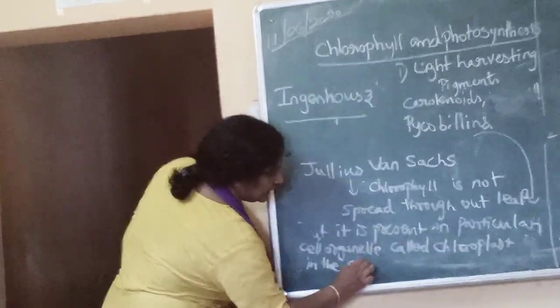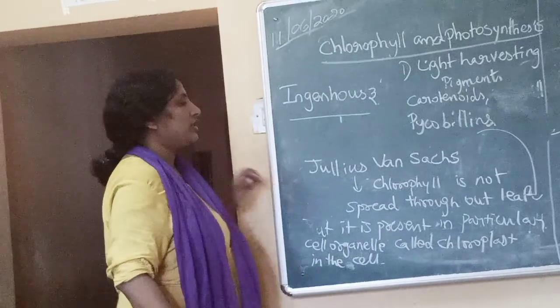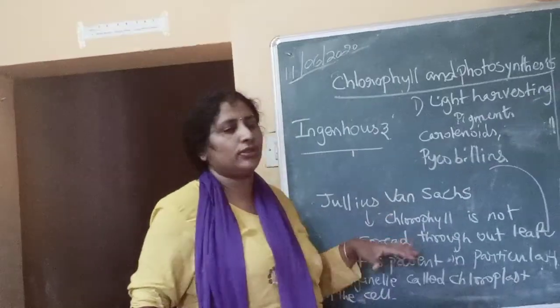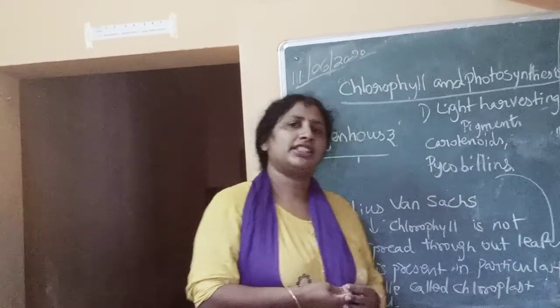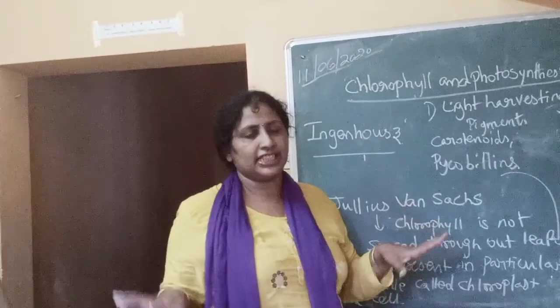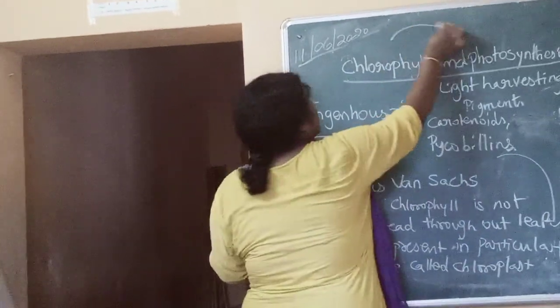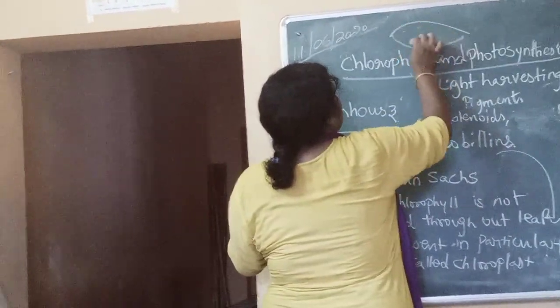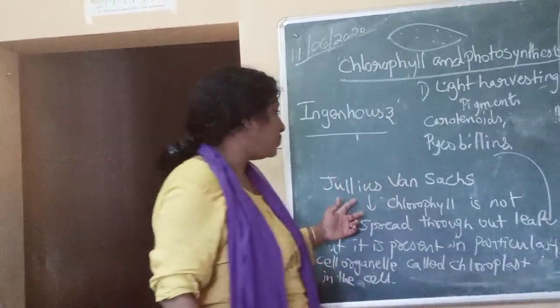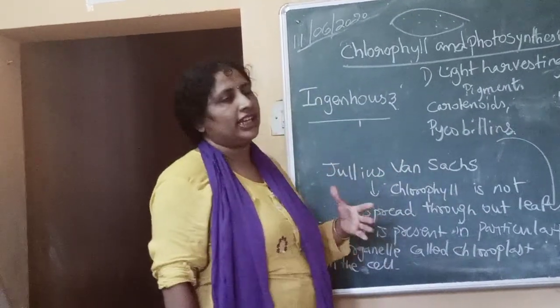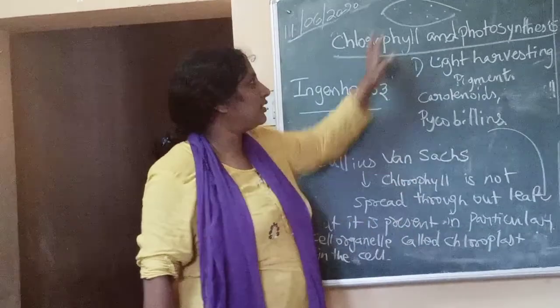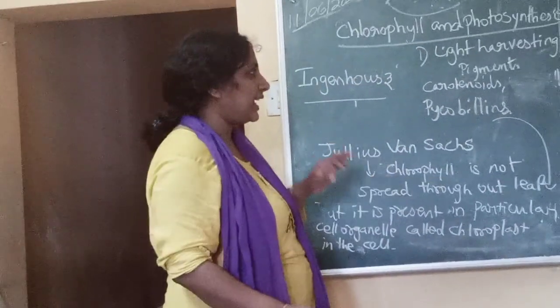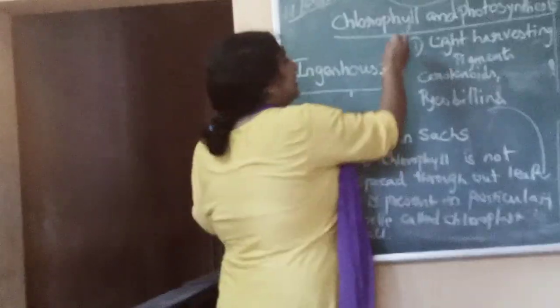Yeah? So Julius von Sachs told that at first scientists were thinking that chlorophyll is spread throughout the leaf like this. But he found that chlorophyll is not spread throughout the leaf, but is present in a particular cell organelle.